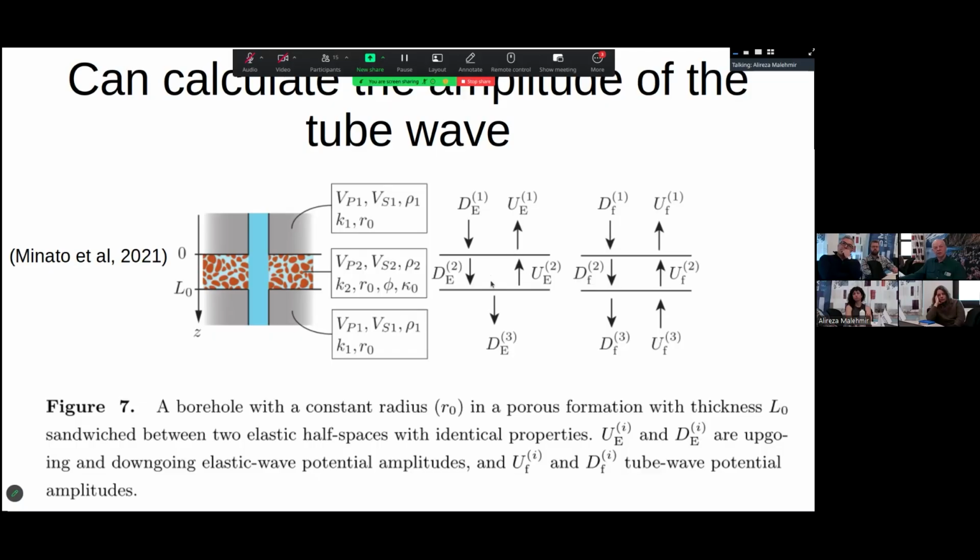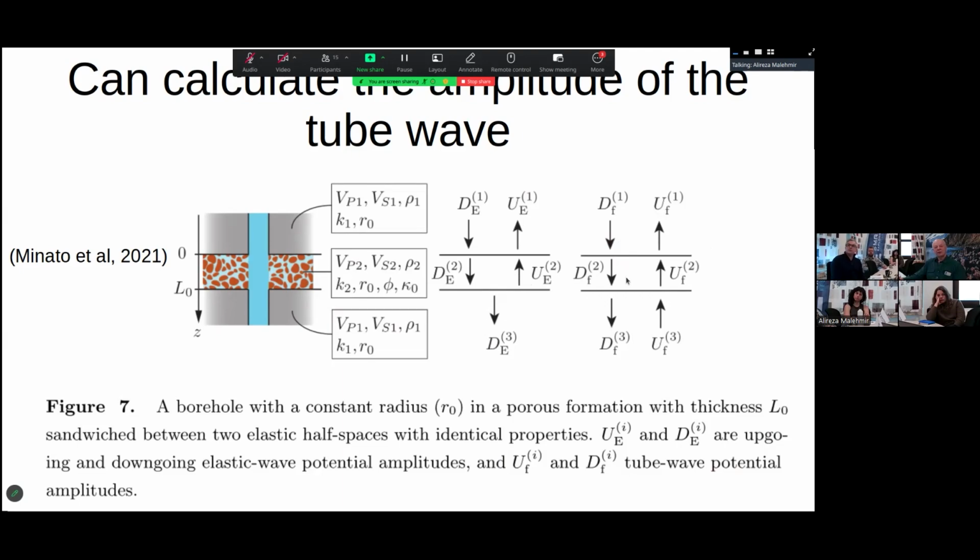You'll have different waves propagating within the porous zone, and you'll have a downgoing elastic wave. In the fluid in the borehole, you'll also have upgoing and downgoing waves above the fracture zone and below the zone, and next to the fracture zone.